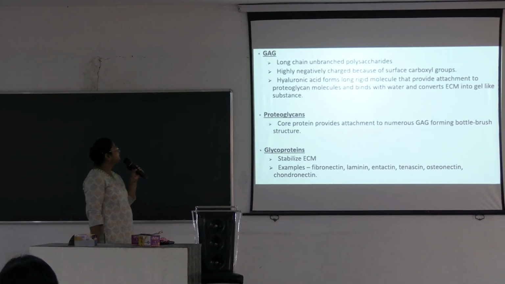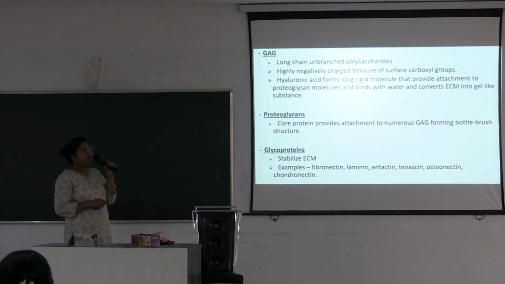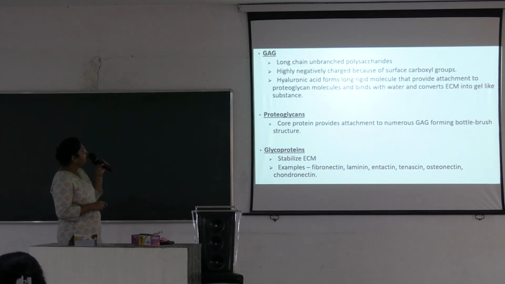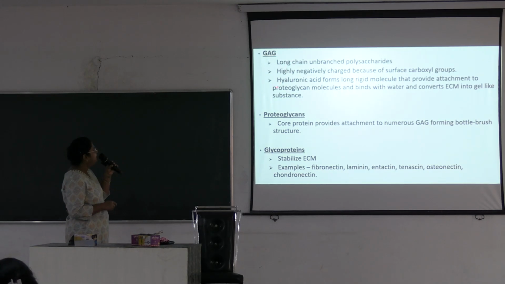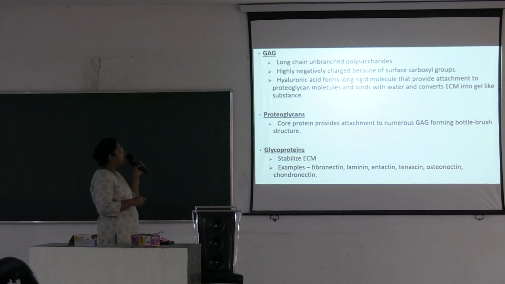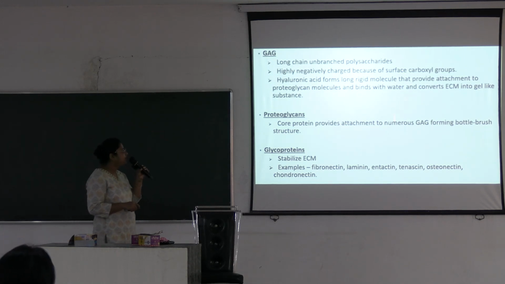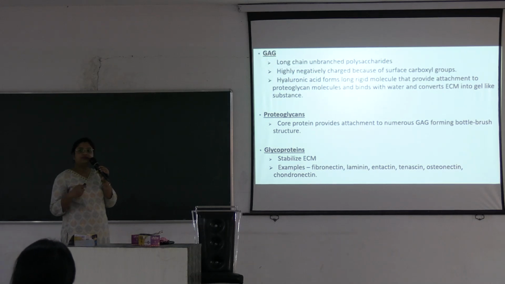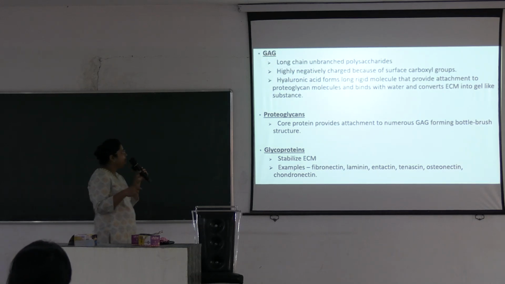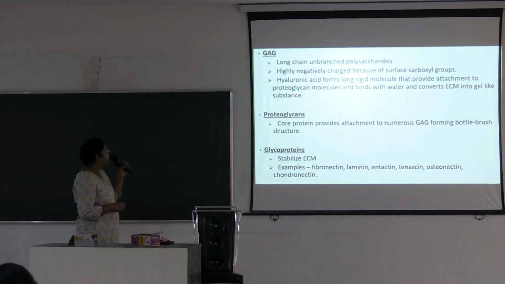Next, GAGs are long chain unbranched polysaccharides, highly negatively charged because of surface carboxyl groups, and hyaluronic acid forms a long rigid molecule that provides attachment to the proteoglycan molecules and binds with water and converts the extracellular matrix into a gel-like substance. Okay, so this is the function of the GAG. It helps the extracellular matrix to convert into a gel-like substance.